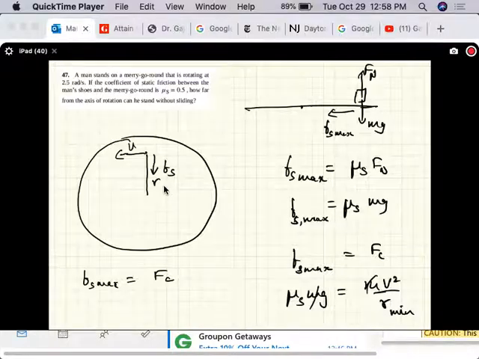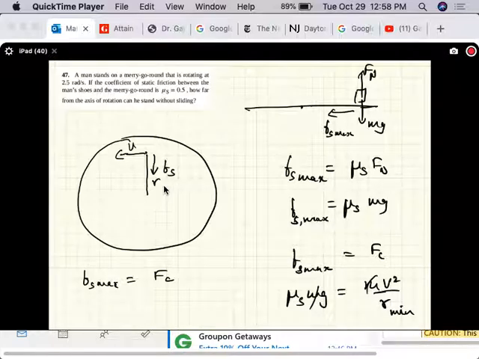So for a given speed, it's telling you how close you would have to stand to the center. You have to stand further from this point. That's the smallest distance you can stand from the center.